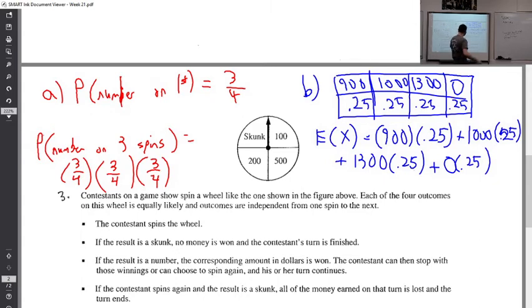So that is our formula for expected value. So that's part B. Now, quick little basic probability review there.